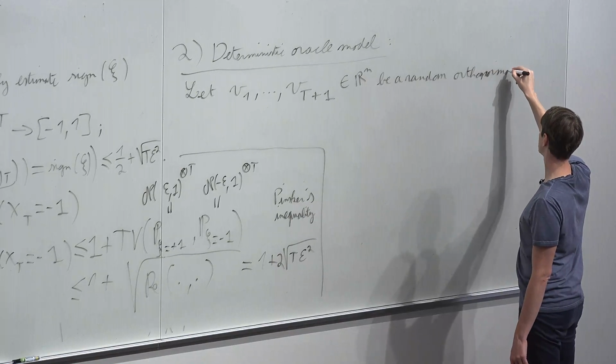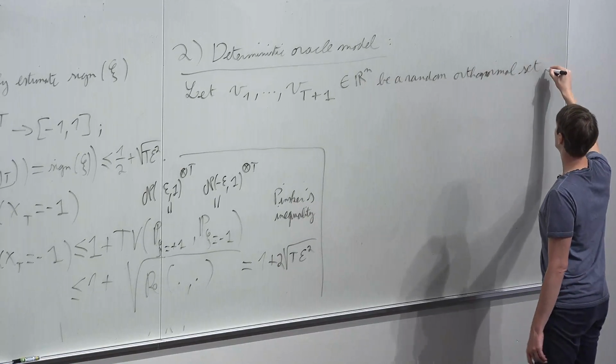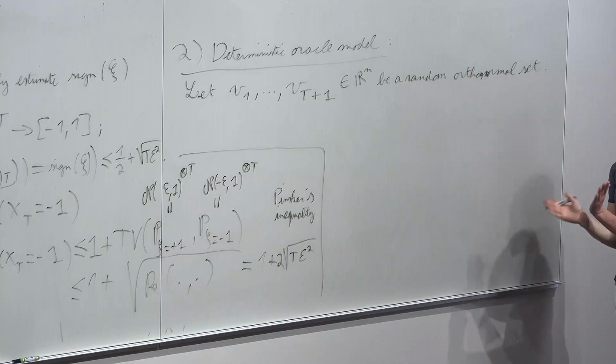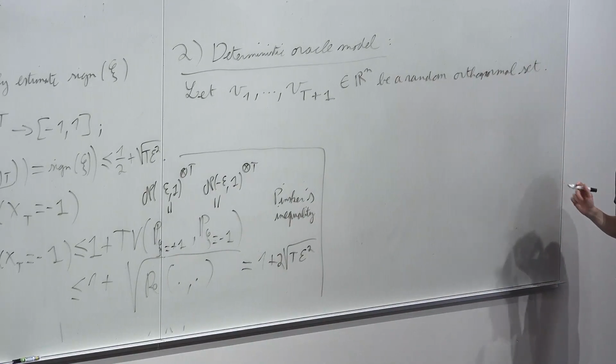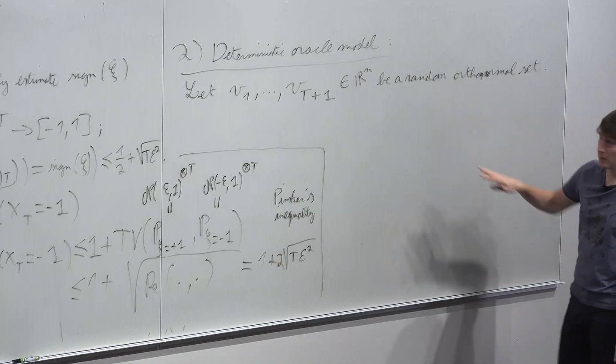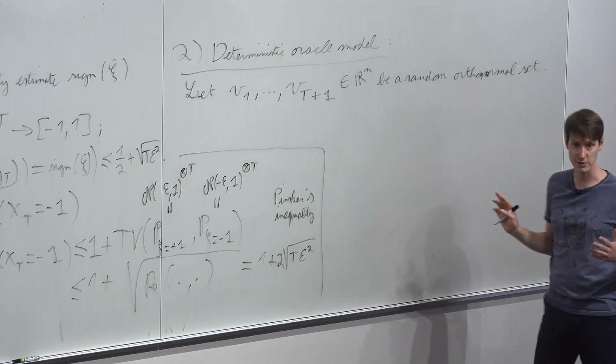These are mutually orthogonal and they have norm 1.